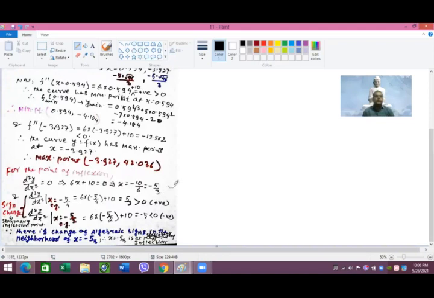Now in the neighborhood of this, if you check whether there is an algebraic sign change, that means the point of inflection at x = -5/3 is a stationary point of inflection in the given curve. So since there is a change of algebraic sign in the neighborhood of x = -5/3, x = -5/3 is a stationary point of inflection.